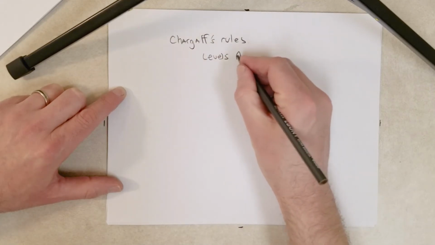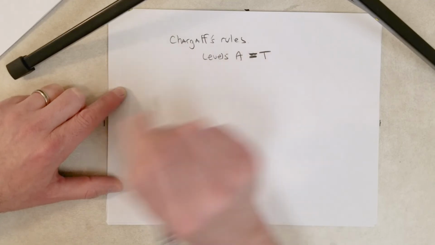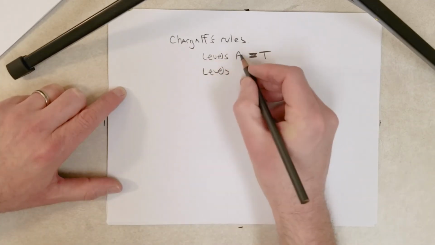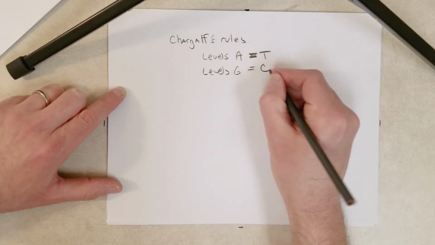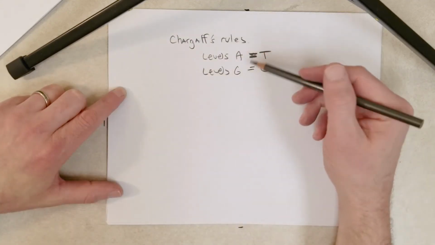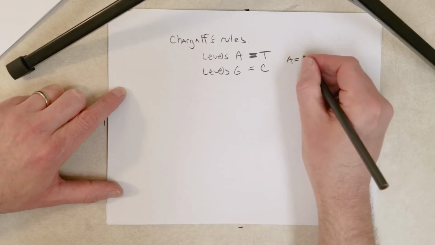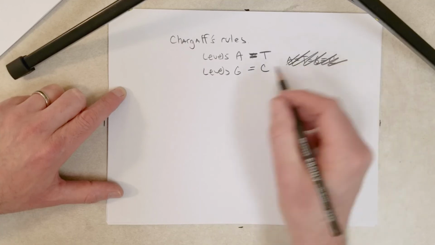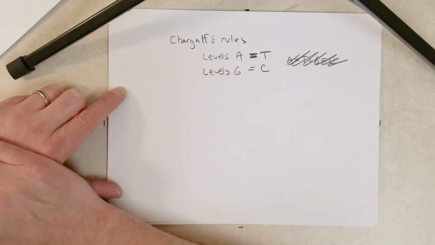He found that levels of A equal levels of T inside cells, the levels of adenine equal levels of thymine, and levels of guanine equal levels of cytosine. This is very different from the tetranucleotide hypothesis, which said A equals T equals G equals C. So levels of A equal T and levels of G equal C.